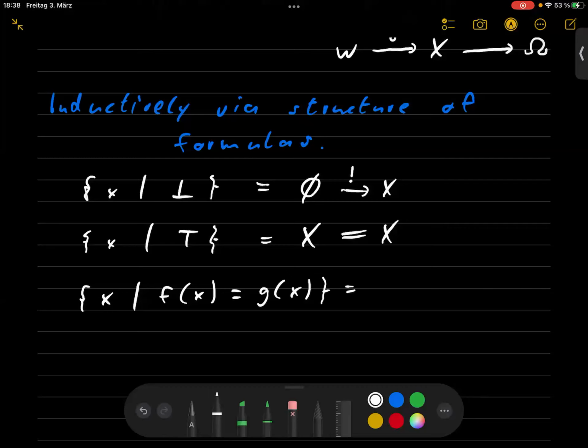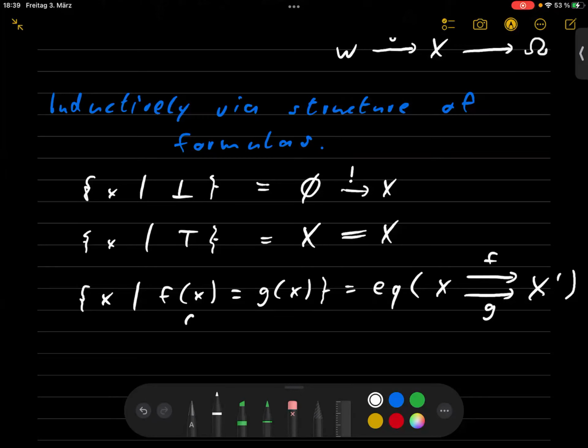And this we just define as the equalizer of the maps that are given by these G and F. So the equalizer of the maps from X, and there are two maps that go to some X prime, and these are F and G. However the term works out, it is defined by some collection of basic function symbols, and all these function symbols have realizations as maps in the topos, so we can compose them together, and then they end in whatever type this is.